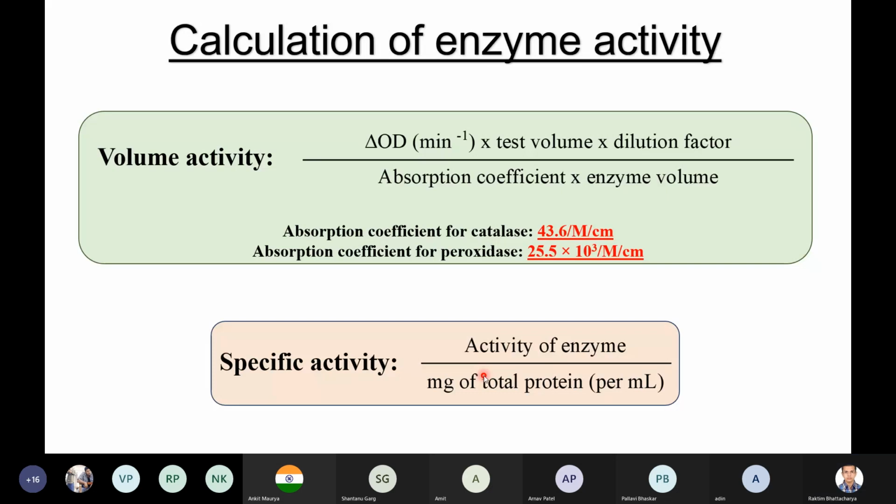So if you find that peroxidase and catalase activity is much higher in your samples, then you can deduce that the reactive oxygen species production is much higher in your sample. From that you can infer that maybe the plant sample is under stress. So this is all in basic.